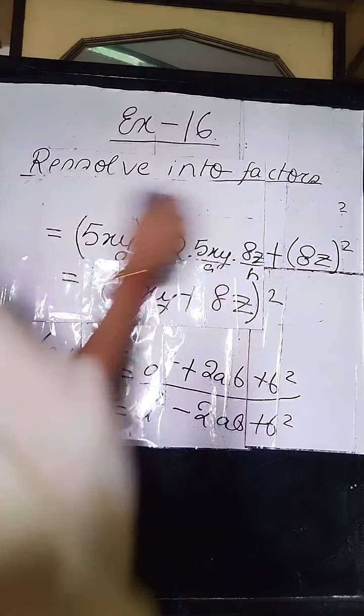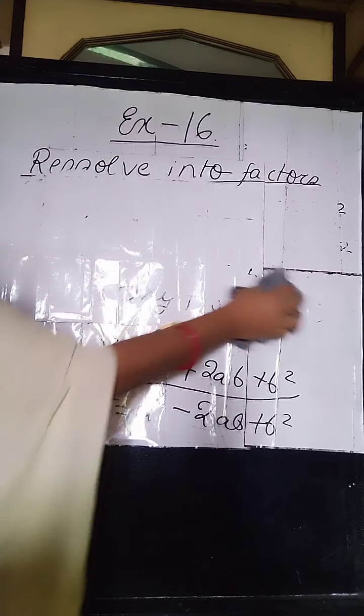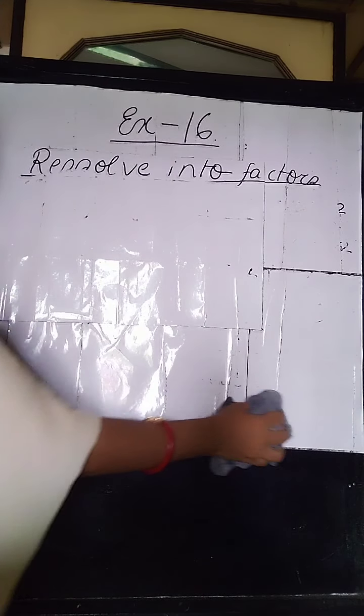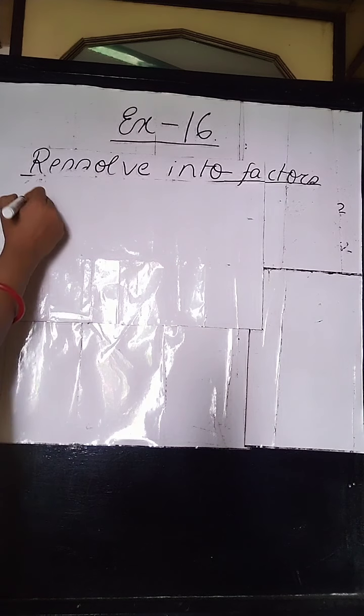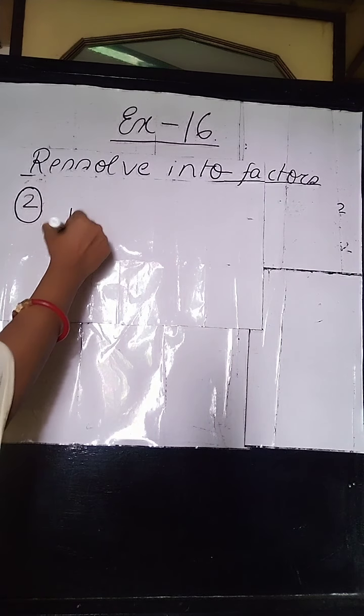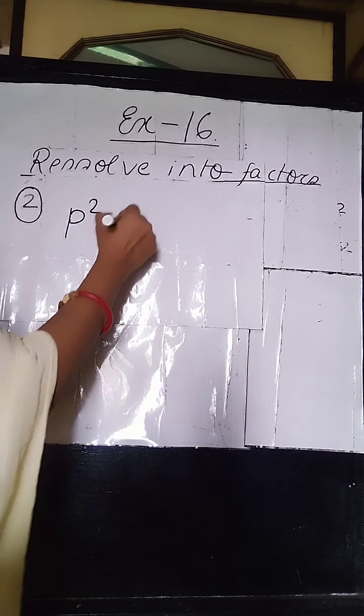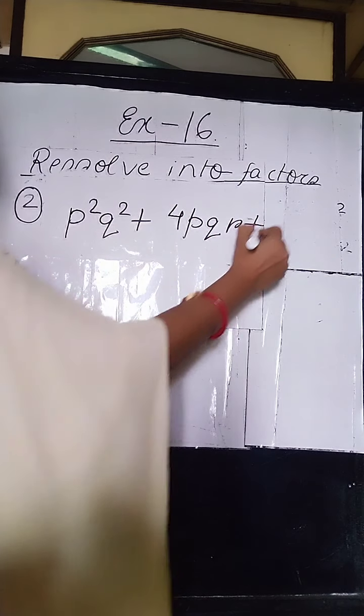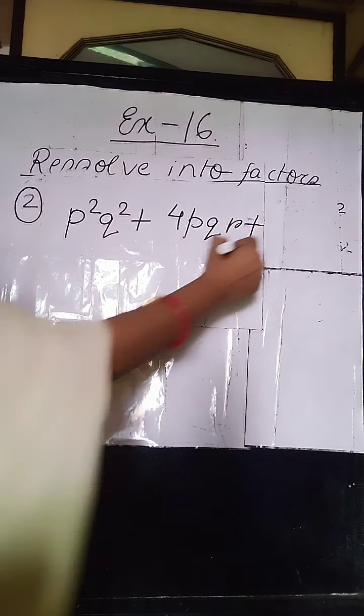So in sum number 2 it is given p square q square plus 4pqr plus 4r square.